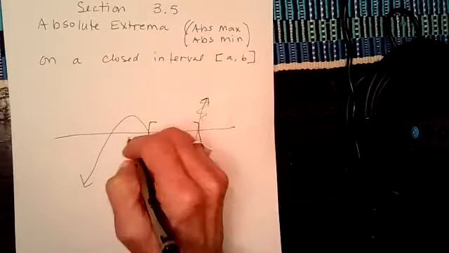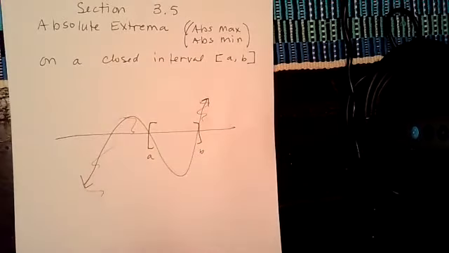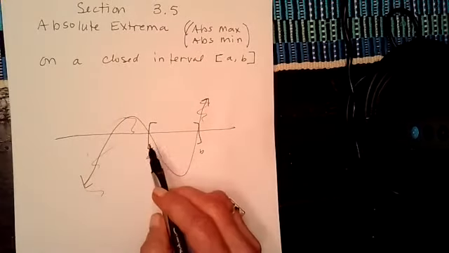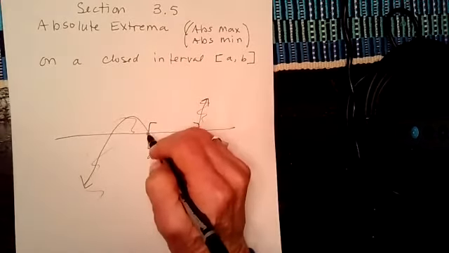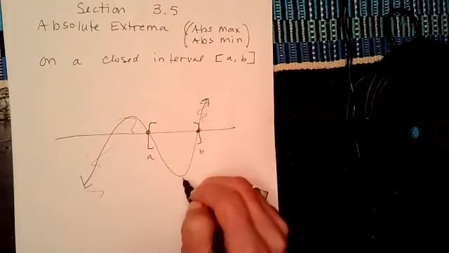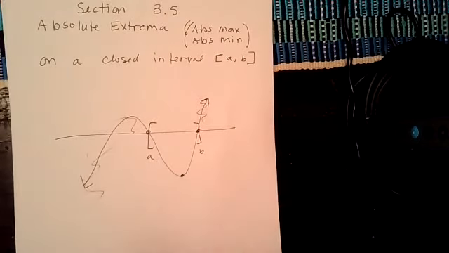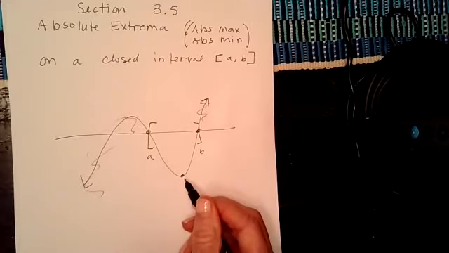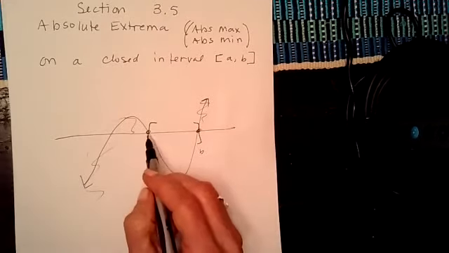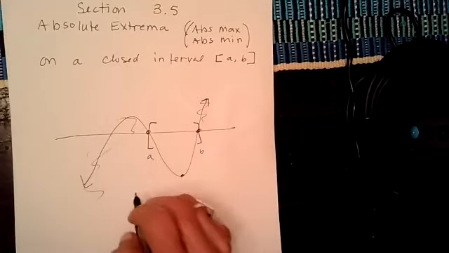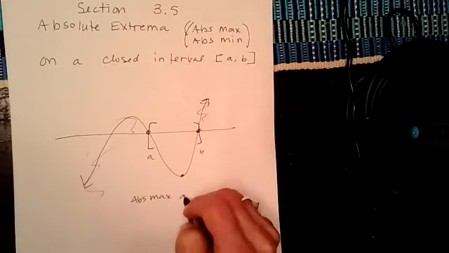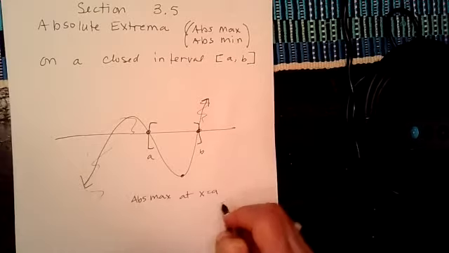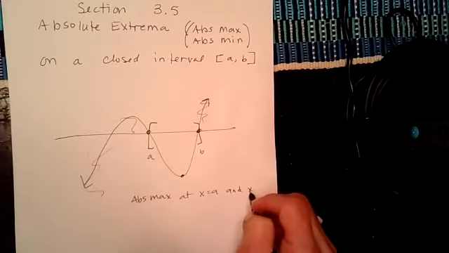So we're not dealing with all this. If we close off the graph, what's the highest place on the graph? Actually there are two, right there. And what's the lowest place on the graph? That is the lowest place. So you have the absolute maximum, two of them, that occur at x equals A and x equals B. You just happen to have two.